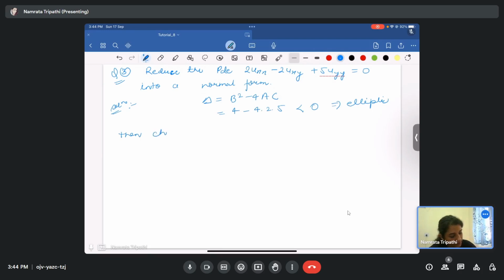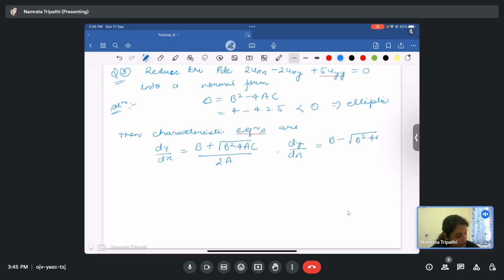In this case, we have already done dy by dx equals b plus under root b square minus 4ac upon 2a, and the second one is b minus under root b square minus 4ac upon 2a. These are the characteristic equations, in this case for an elliptic equation.